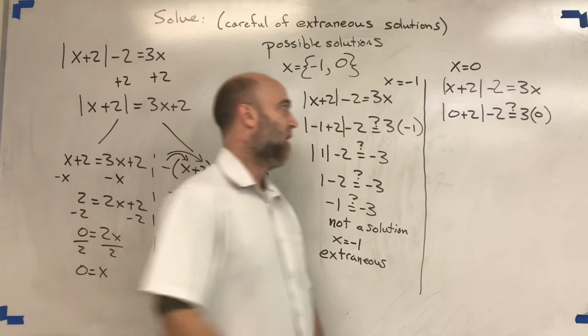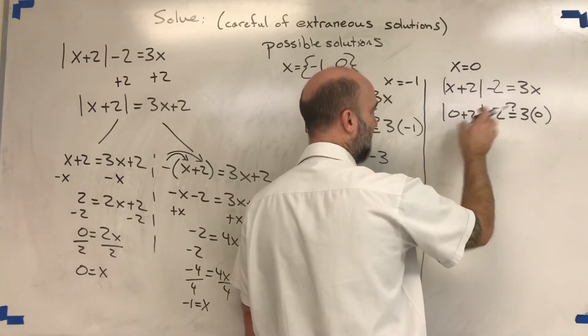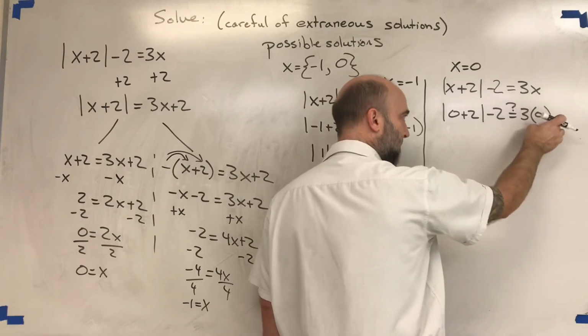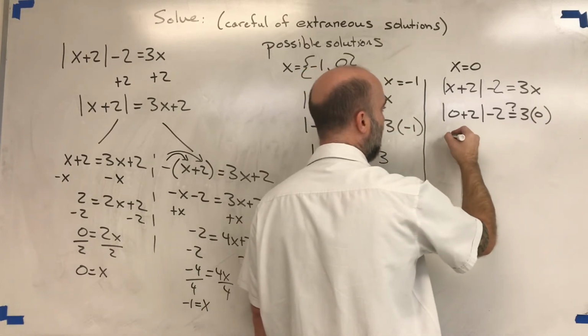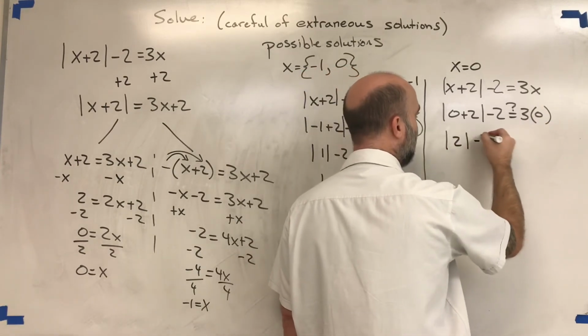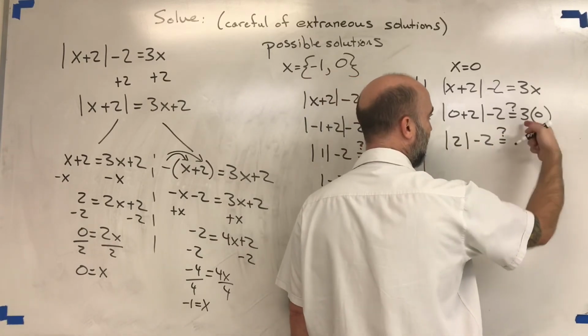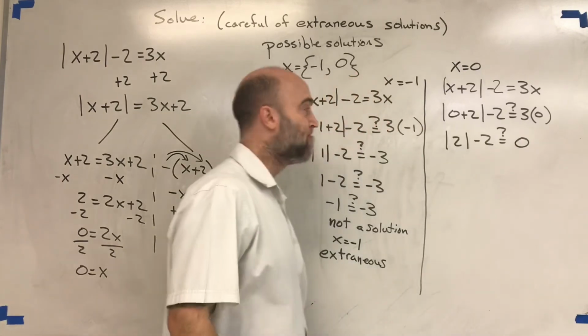All right, simplifying, we take care of what's inside the grouping symbols, and since this is separate, I can do that also at the same time. So this is now the absolute value of 2, minus 2. Question mark, does that equal 3 times 0, which is 0?